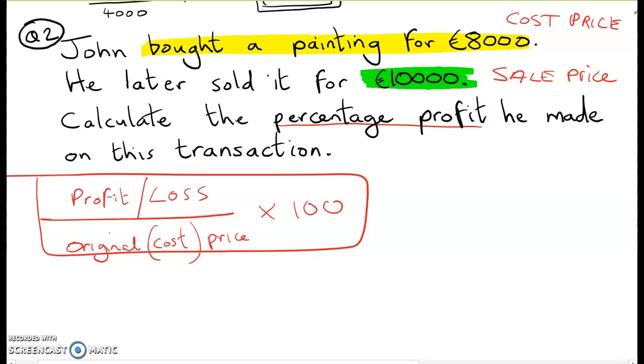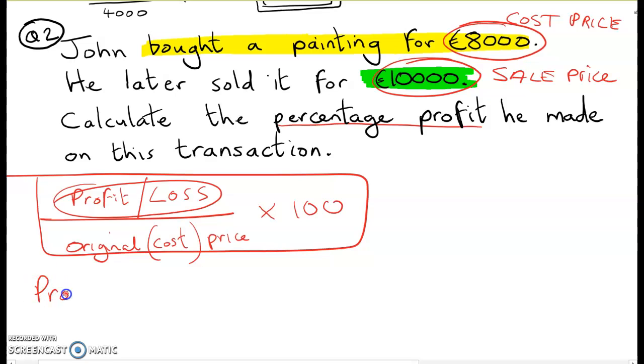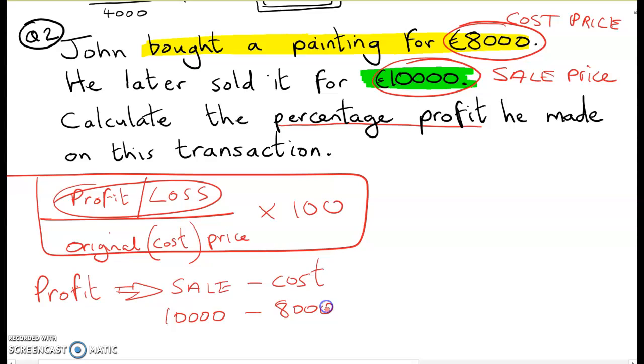First of all, we need to work out, did he make a profit or a loss? We need to know what goes up here. Well, he bought it for 8,000 and sold it for 10,000. So to work out the profit, remember, we take the sale price and take away the cost price. So it's 10,000 take away 8,000. That leaves 2,000.